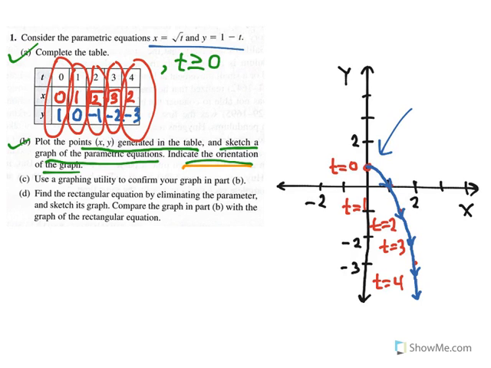So we have indicated the orientation of the curve by sketching these arrowheads that tell us the direction in which the curve was traced.